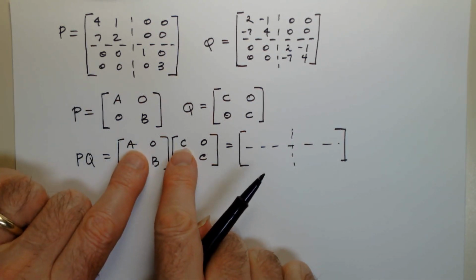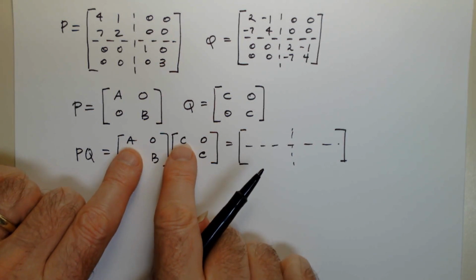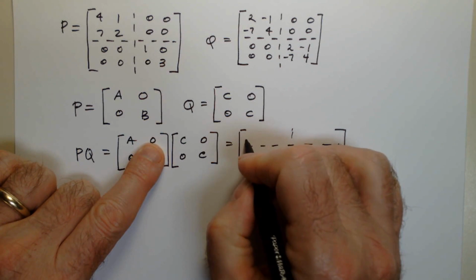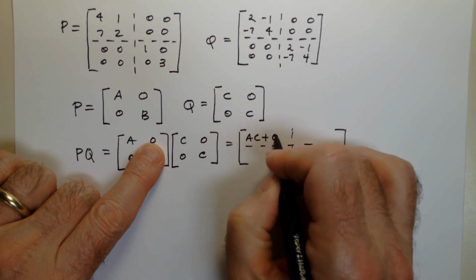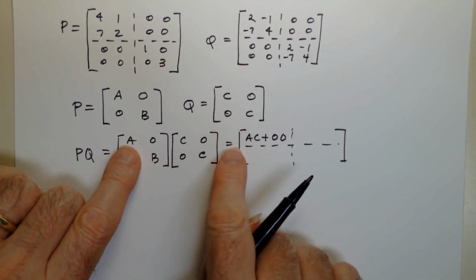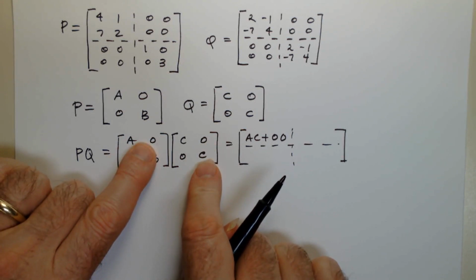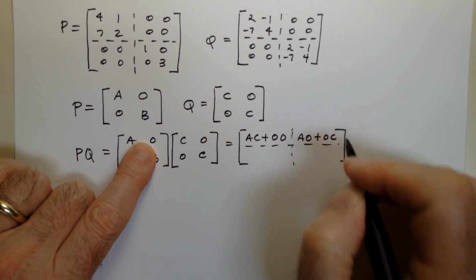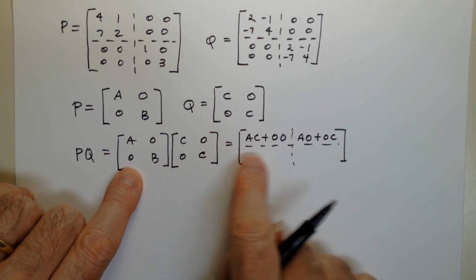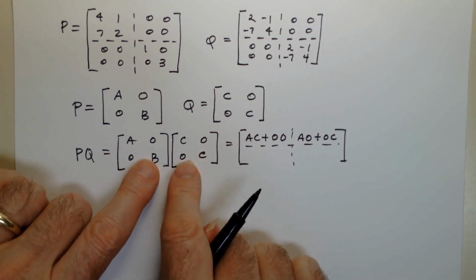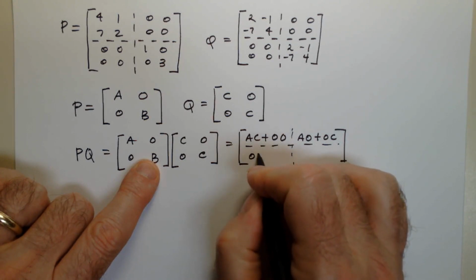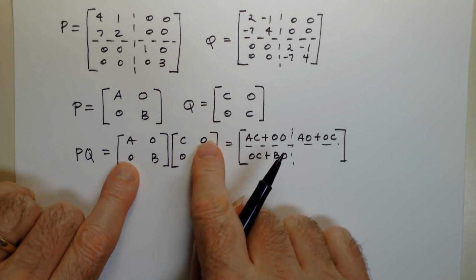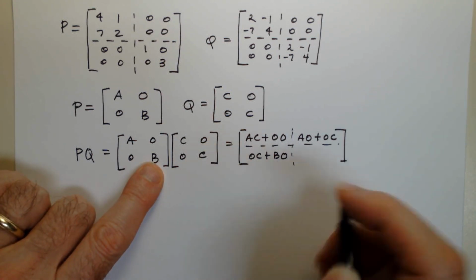So when I multiply these together first as 2x2 matrices, I've got A times C plus 0 times 0. In this position, I'll have A times 0 plus 0 times C. In this position, I'll have 0 times C plus B times 0. And then finally 0 times 0 plus B times C.